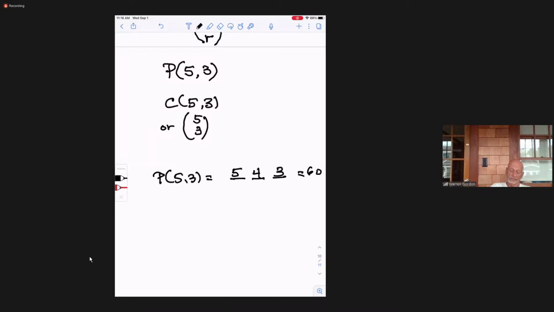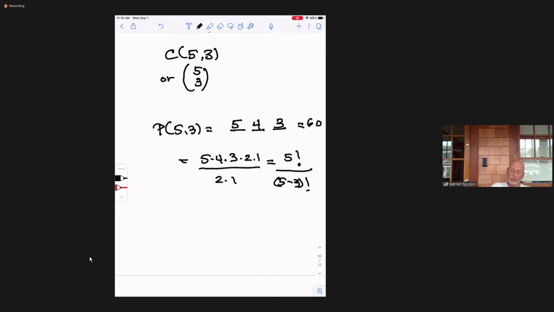But notice the following. If I want to develop a formula, I can rewrite this as 5, 4, 3. If I add a 2 and a 1 here, and put a 2 and a 1 here, this is a 5 factorial. And 2 is related to 5 and 3 by subtraction. So in fact, if I want to do more generally, if you look at the pattern, I can write down a formula here.